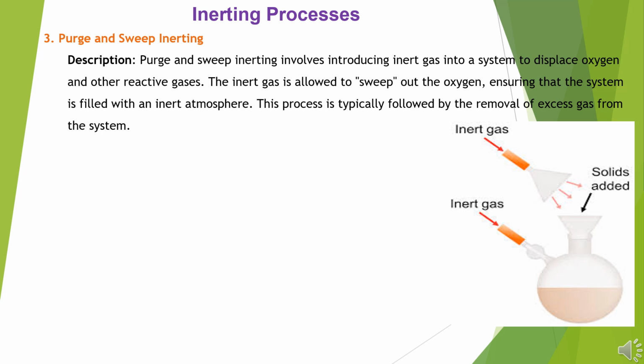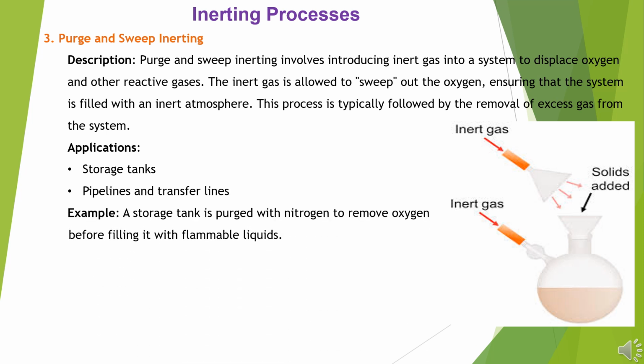This process is typically followed by the removal of excess gas from the system. Applications: storage tanks, pipelines and transfer lines. Example: a storage tank is purged with nitrogen to remove oxygen before filling it with flammable liquids.